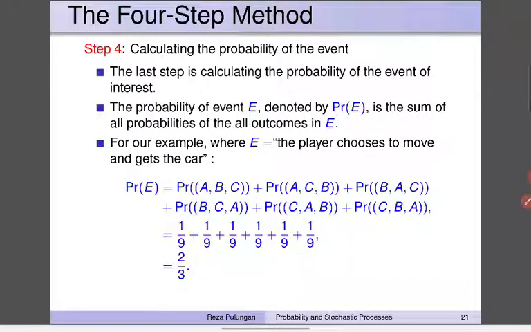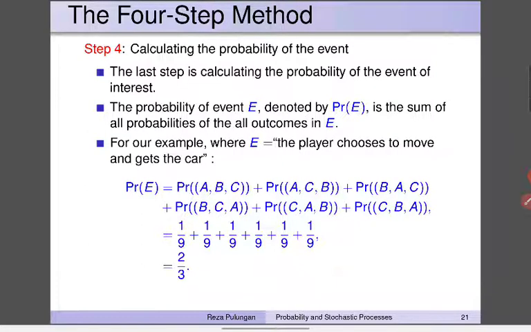Now we arrive at the last step, namely step 4, calculating the probability of the event of interest, the event that we are interested in, that will answer our questions. Now the probability of event E, like previously we have seen, is denoted by P(E), is the sum of all the probabilities of all outcomes inside of the E. So this is basically our generalized definition.